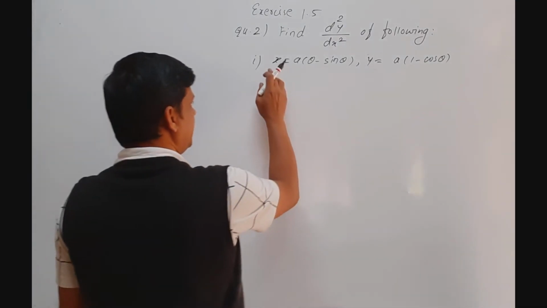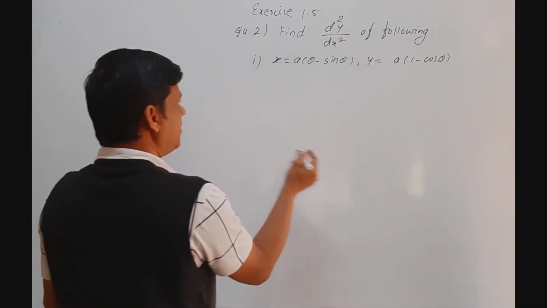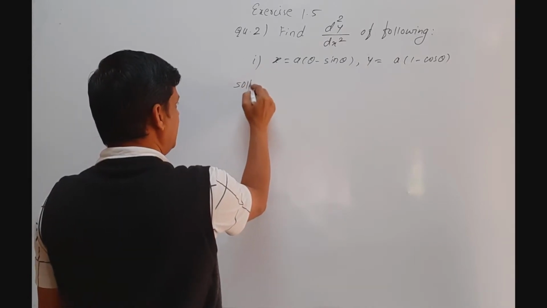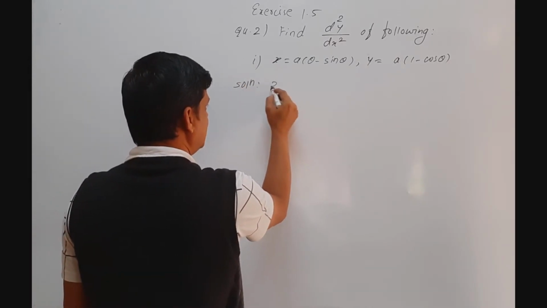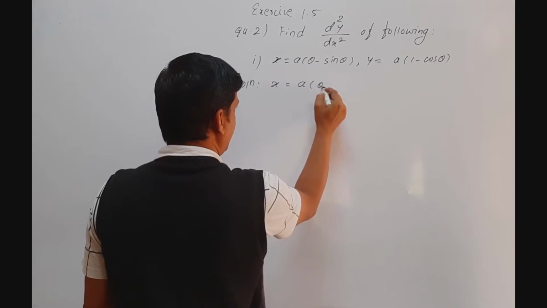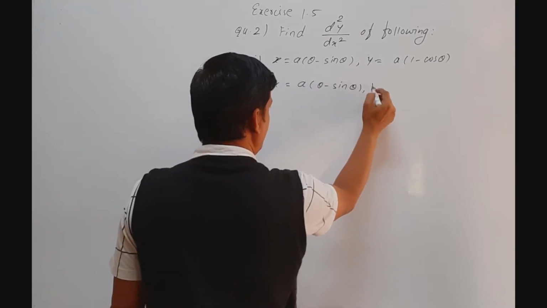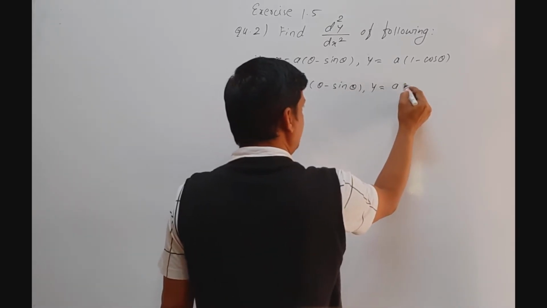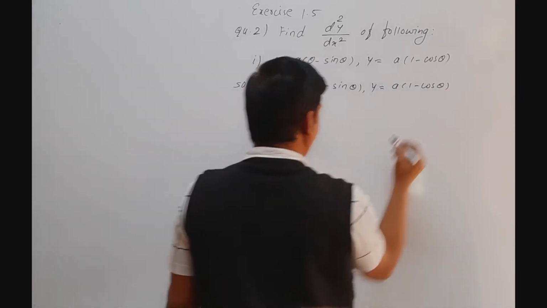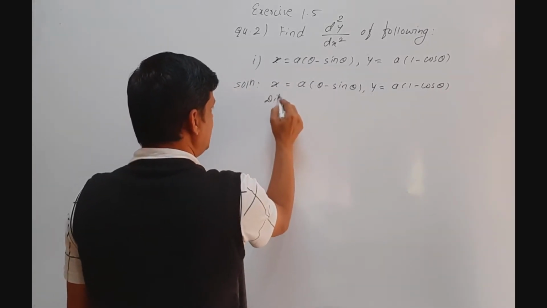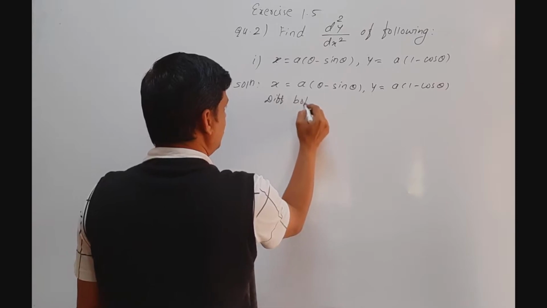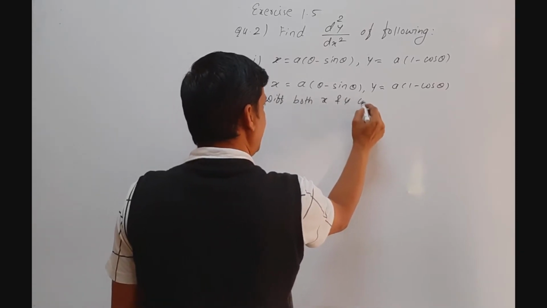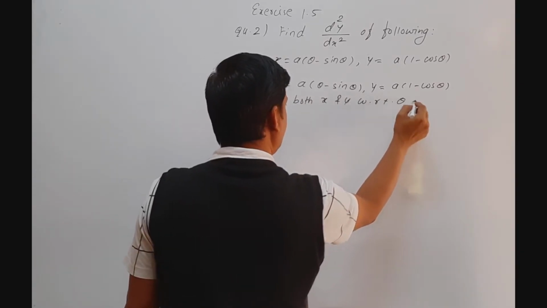So we differentiate both these functions with respect to theta here. So write in the solution the given functions as they are, x equals a in bracket theta minus sin theta, y equals a in bracket 1 minus cos theta. So differentiate both x and y with respect to theta.